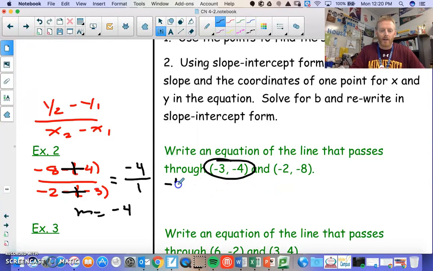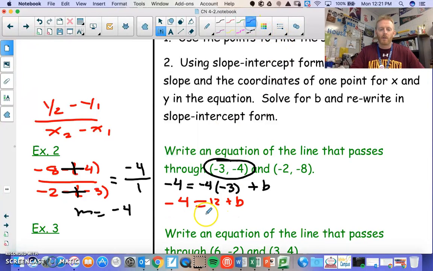So I have a -4, because that's my y, is equal to the -4 from my m times this -3 for my x plus b. And we're going to solve for b. So we do the math that we can on the right side. -4 times -3 makes a 12. So our equation now turns into 12 plus b equals -4.